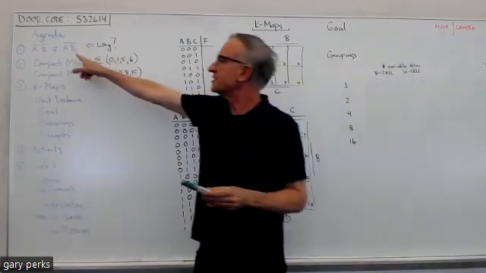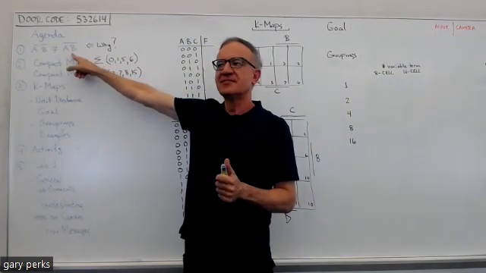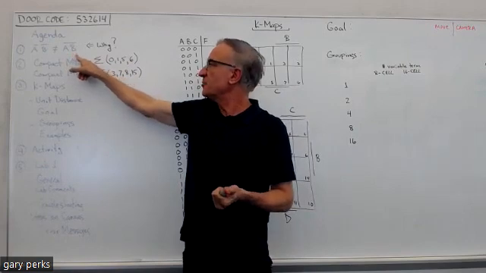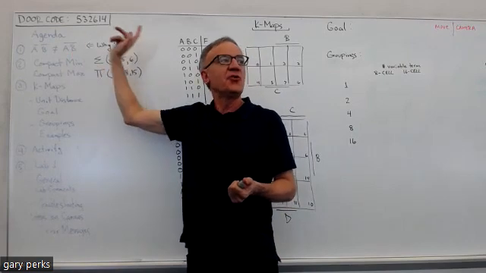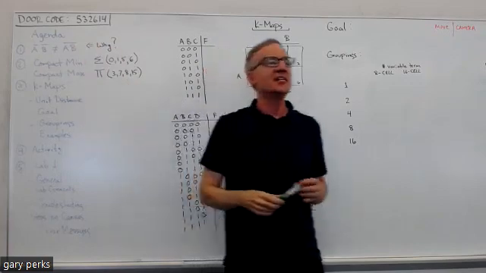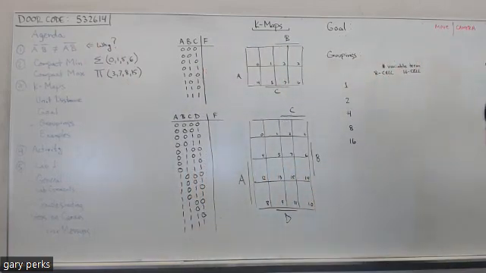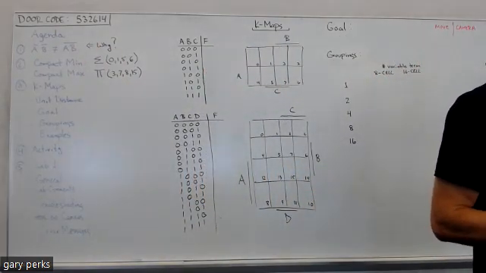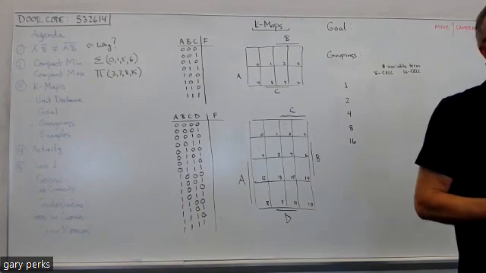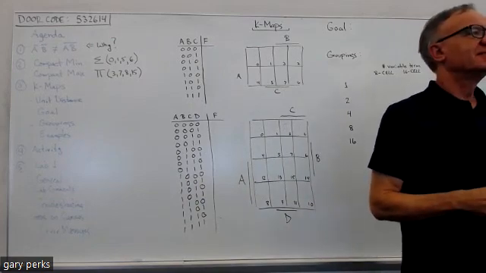Because what kind of gate is this? That's a NAND gate, right? Because A and B are being ANDed together, and then the whole thing is being NOTed. So when we talked about De Morgan's last class, what did we say a NAND gate is equivalent to?